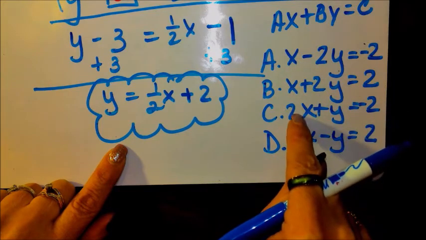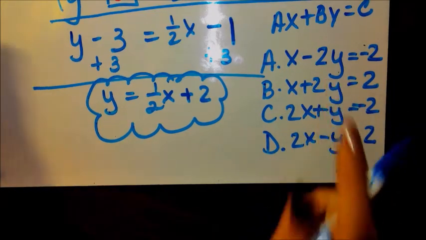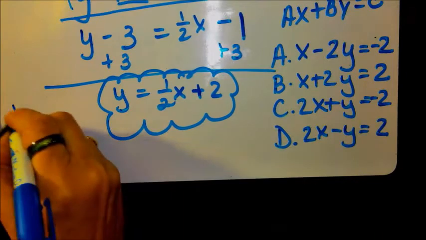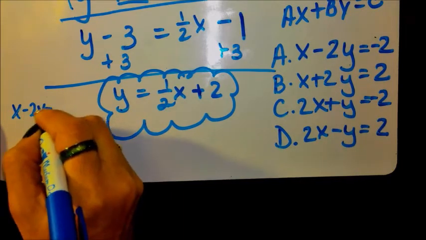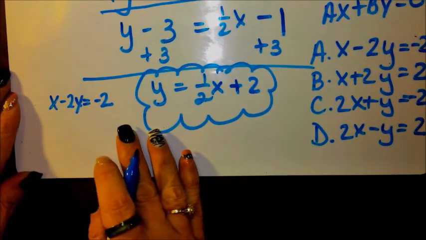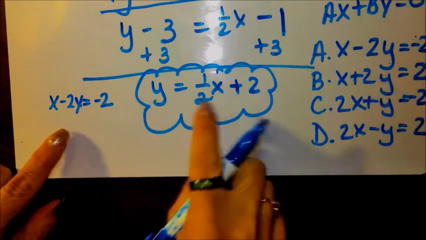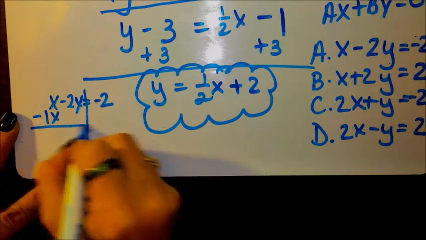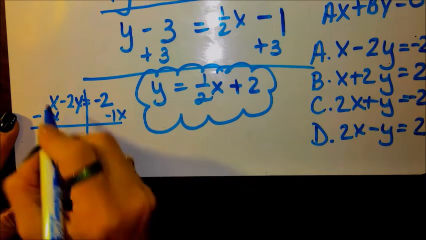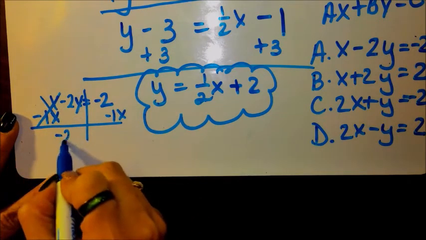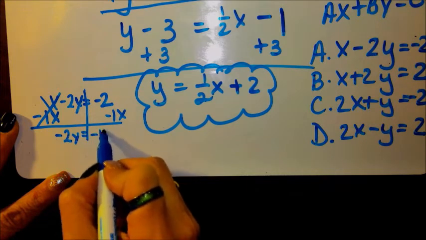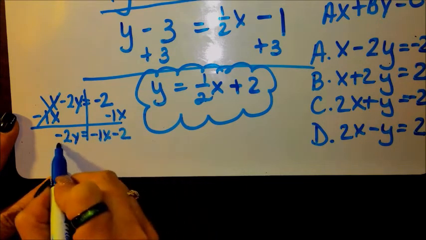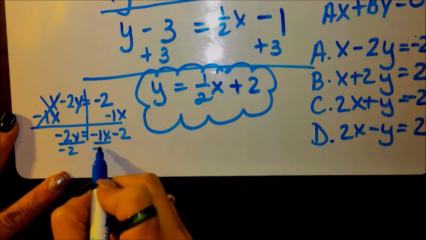Solve each one of these for y. So I'm going to take that first one. x minus 2y equals negative 2. I'm just going to take A and solve it and see if it matches. So I'm going to move the x. So those cancel out and I get negative 2y equals negative 1x minus 2. I would divide by negative 2.